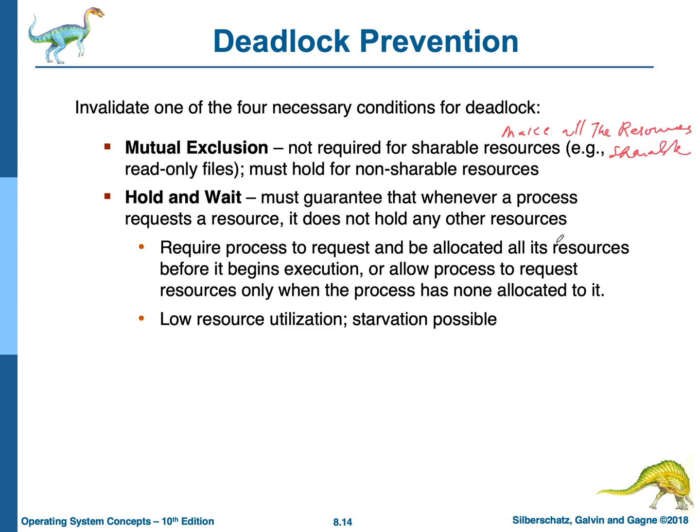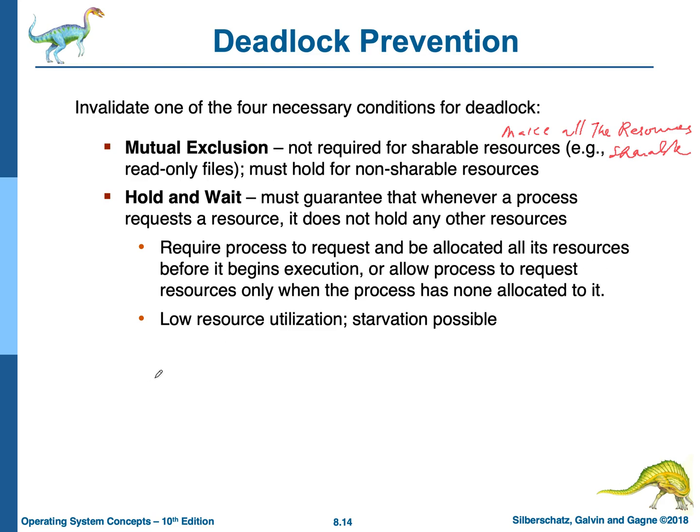Number 2 is hold and wait. In hold and wait, we can have 2 conditions. Number 1 is to allocate resources before it begins. Whatever number of resources are required for a process to complete, we allocate those resources before it begins execution.